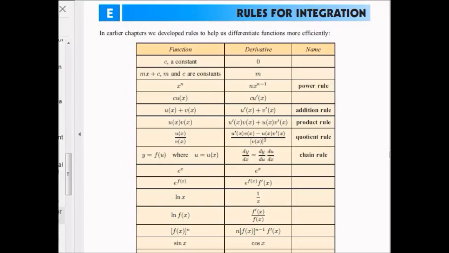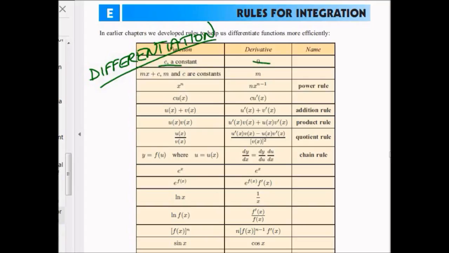Now to do that, let's think back to rules of differentiation. So these are rules of differentiation. And differentiation and integration go hand in hand, opposite operations, basically. If we have a constant c, the derivative of that is 0.